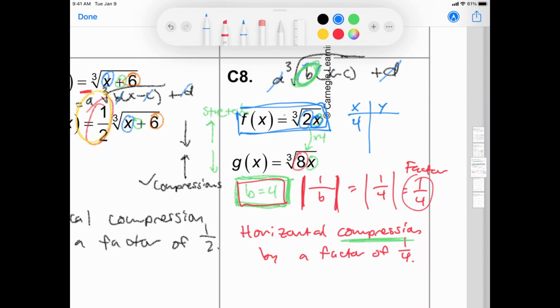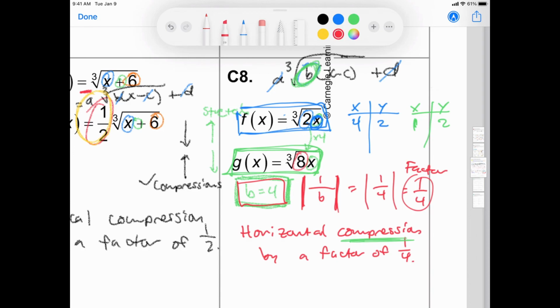Because 4 times 2 is 8, and the cube root of 8 is 2. And then for the green one, I want to choose some number so that it's going to be a cube root. So if I put 1 times 8 is 8, cube root of 8 is 2.